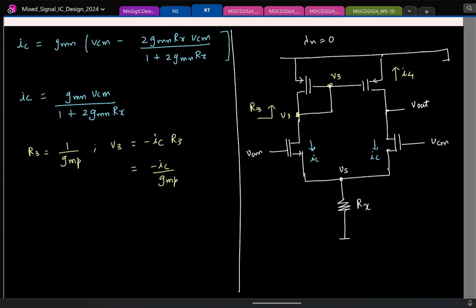Call it I4. It's basically V3 times GMP. What is this equal to? Fine. So I find that I4 is equal to minus IC. Is this okay? Any confusion here?